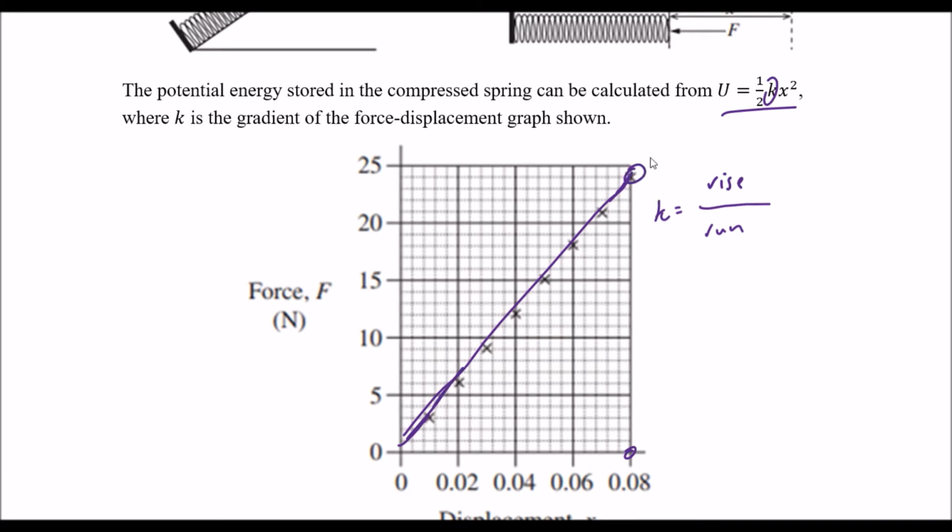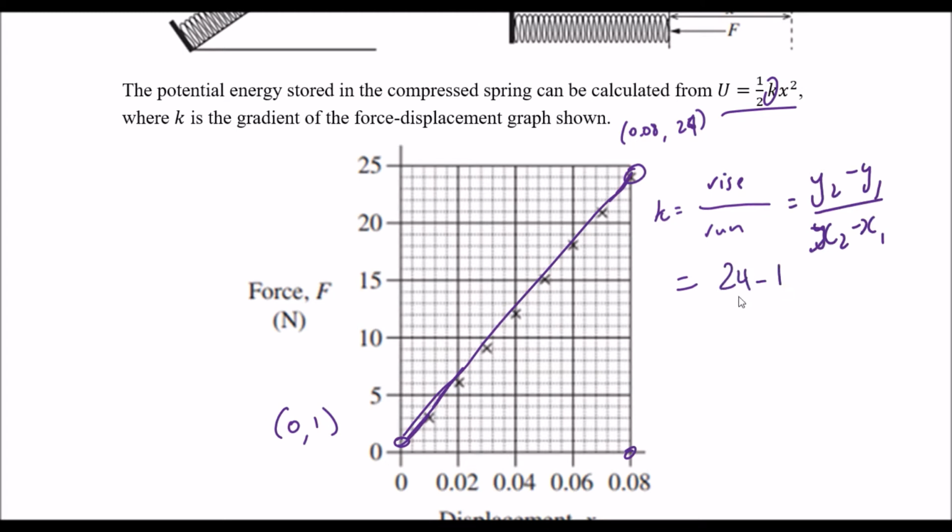So one of our points here will be 0.08 to 24, sorry. And this point that we have here is 0 and 1. So if we measure off our gradient here, this is what we'll end up getting.